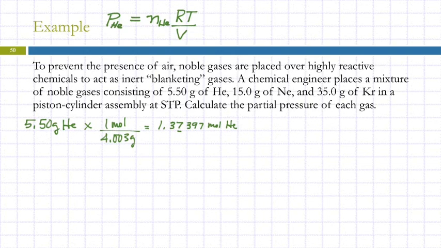Shoot. How can I calculate the pressure if I don't know the volume? Well, this is a mixture of gases, right? Each gas, helium, neon, and krypton, is exerting a pressure on this container, and their pressures add up to what? The total pressure, in this case, 1 atmosphere.